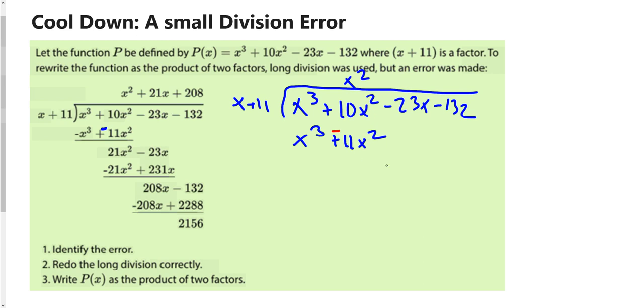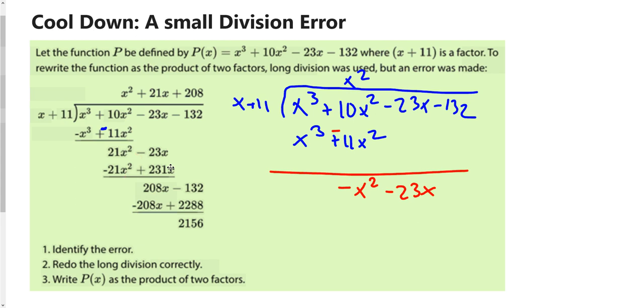And so you actually should be ending up with a negative x squared. That was the mistake that they made. And judging from that, it looks like they multiplied 21 times 11 and continued to make that mistake all the way through. They did it with this term as well. They forgot to change the sign here. So they did that consistently through the whole problem. They never changed the sign of the second number.